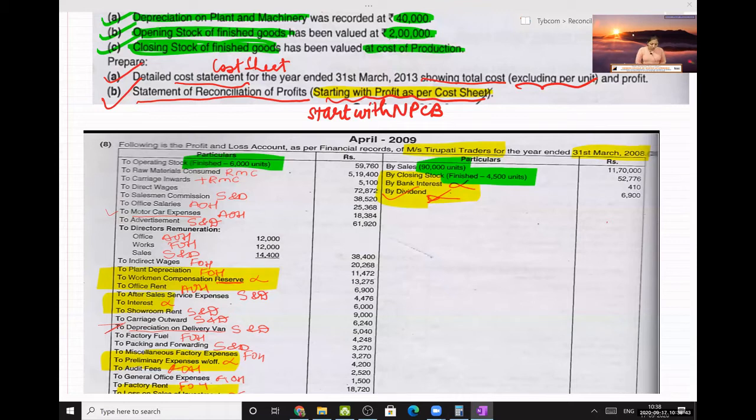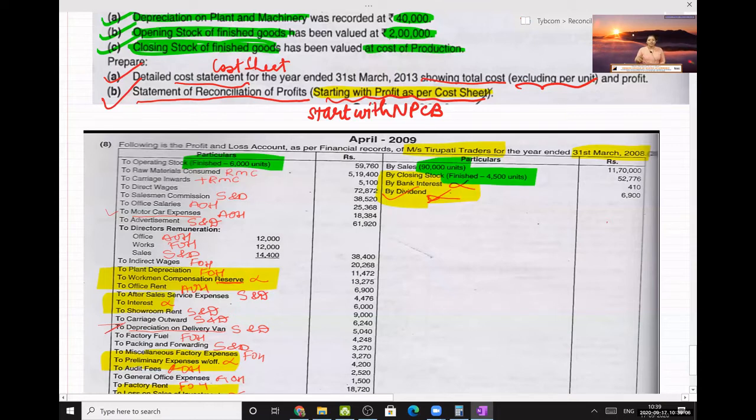Next, office rent, admin overheads. After sales service, selling and distribution. Interest: you all know it's a financial expense, will not come in cost sheet. Then showroom rent, selling and distribution. Carriage outward, selling and distribution. Depreciation on delivery van, selling and distribution. Factory fuel, factory overheads. Packing and forwarding, selling and distribution.